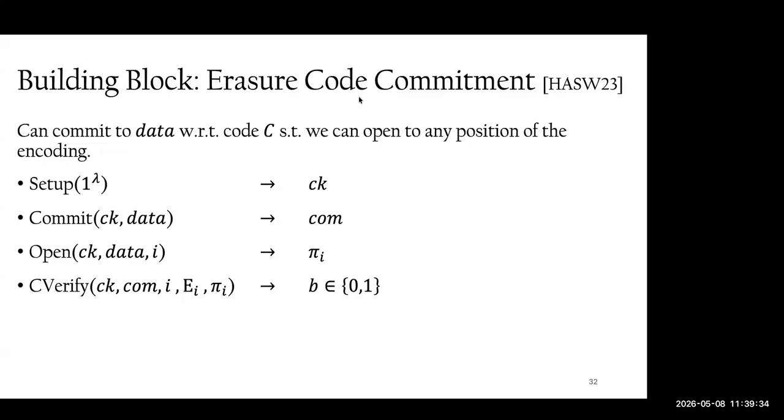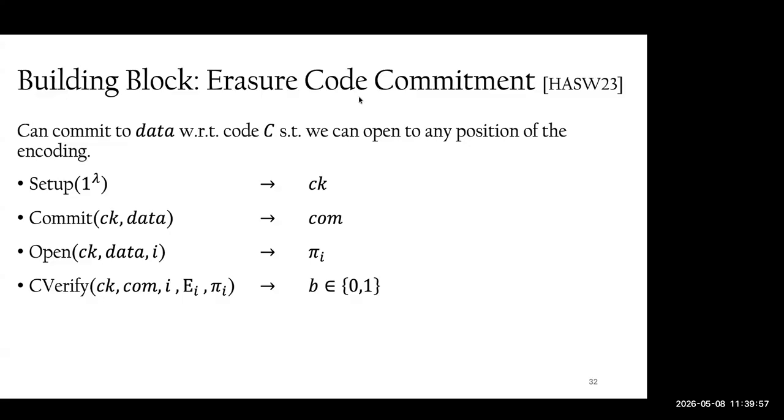Like, the parameter n is implicit as well? n is implicit. For example, if you think of KZG, KZG commitment scheme is an erasure code commitment scheme for Reed-Solomon code, because you encode the data as a polynomial, and I can commit to it with KZG.